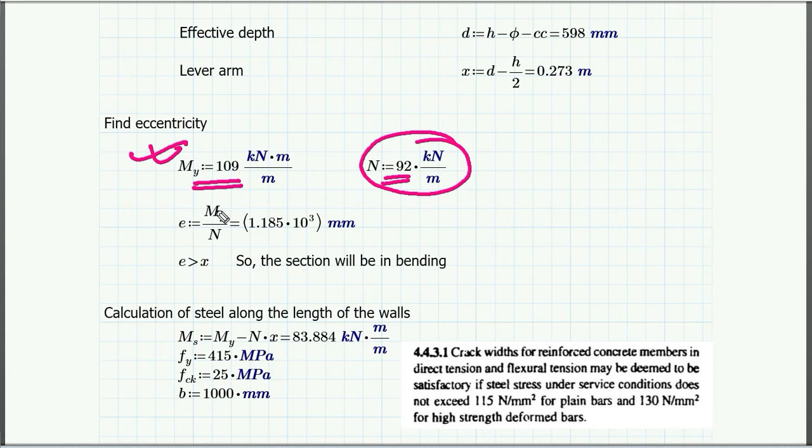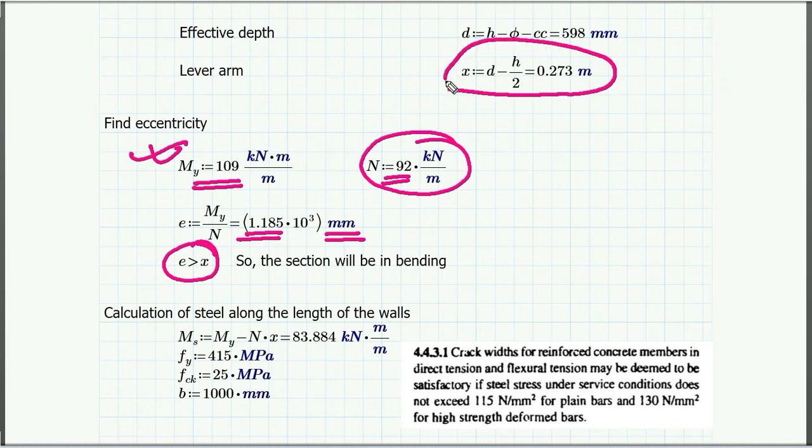So e will be M by N, and that will be equal to 1.108 into 10 to the power 3 mm. As it can be found, this eccentricity is far more than the lever arm, or the position of the steel from the neutral axis or from the center of the section. So bending is prominent over this section, as this e value is found to be very high.